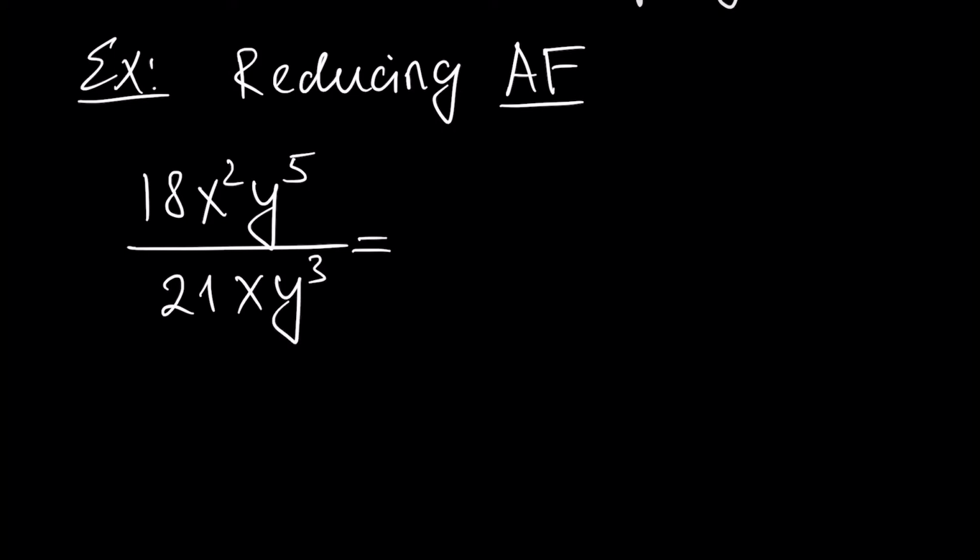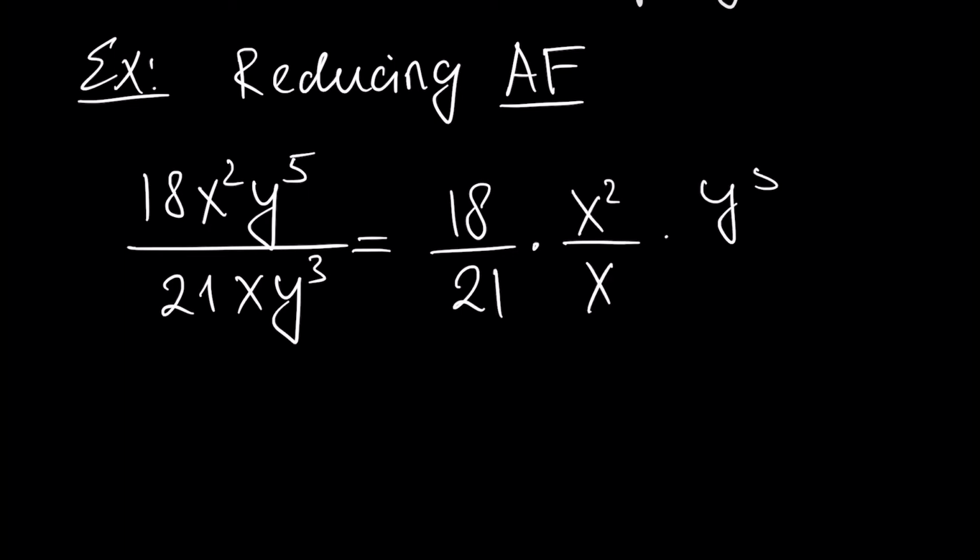This fraction can be reduced, and this is done by first of all watching at these two numbers. This fraction can be represented as 18 over 21 times x squared over x times y to the power 5 over y to the power 3.